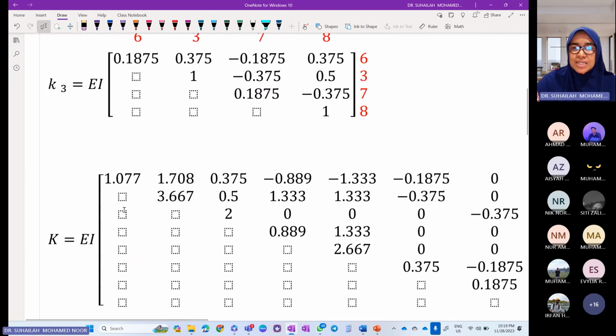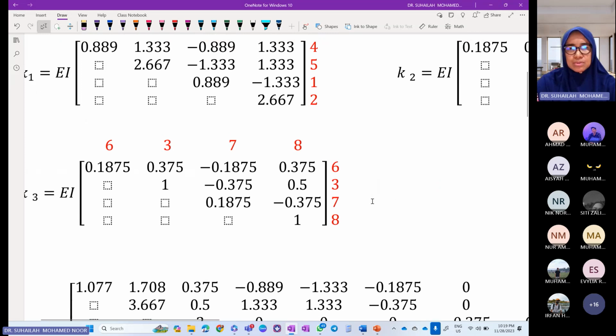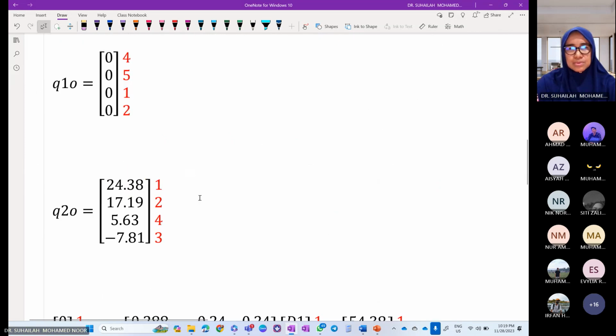Okay, the label will follow K2. It is 1263.